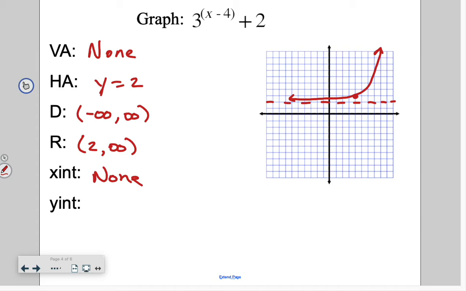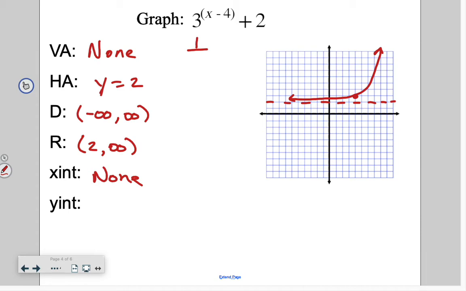Oh. This one's a little bit tricky. Y-intercept is when? In general? X equals 0. Plug in 0. If I plug 0 into the equation, I get -4. What's 3 to the -4th power? Here we go again. Here's that multiplying by 3. 1 over 81. 3 times 3 is 9.